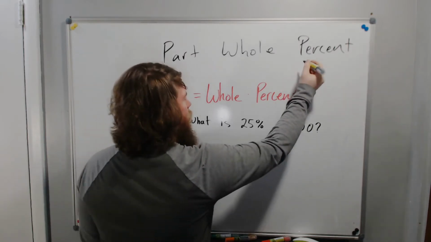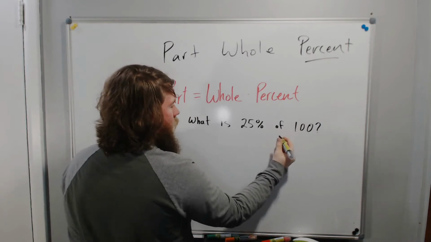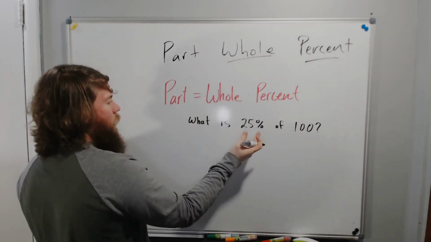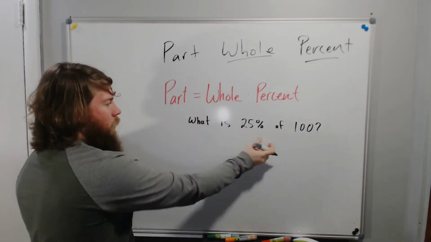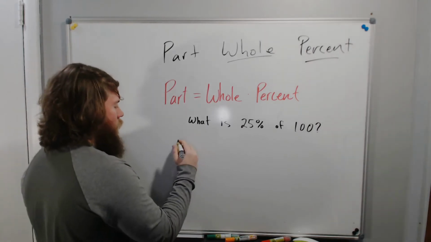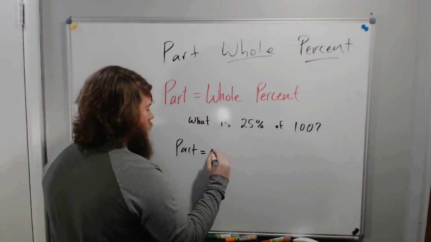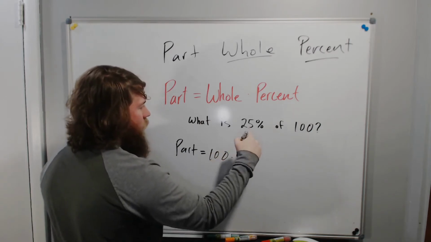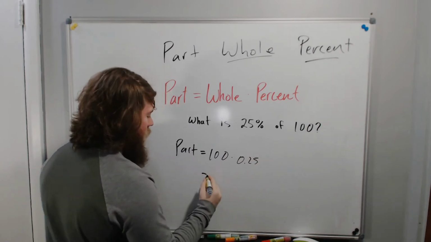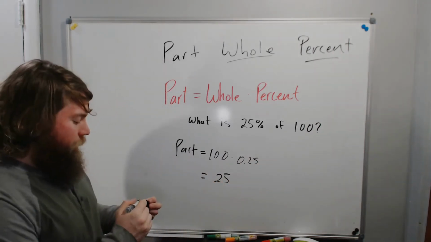Well, 25%, boom, we got the percent. Of 100. Remember that keyword of? So 100 is the whole. The only thing that's left is the part, and so there's nothing in there, so the part is what we were looking for. Okay, so the part is equal to the whole, 100, times the percent. And we have to turn it into a decimal, 0.25, and that is going to give us, shockingly, the 25.